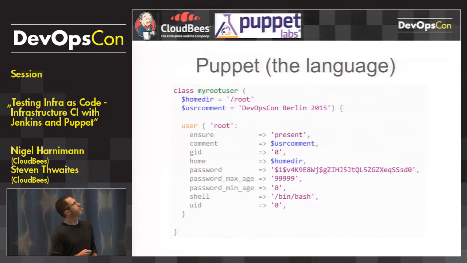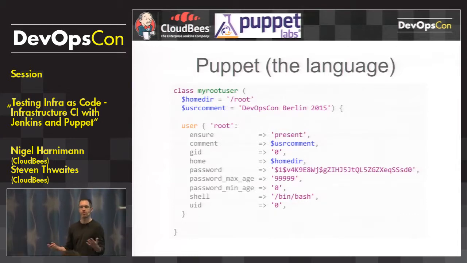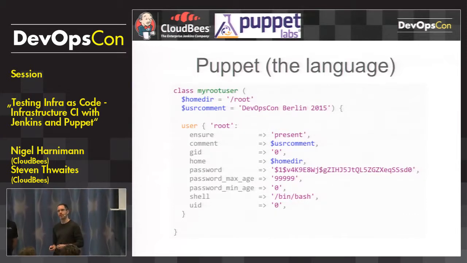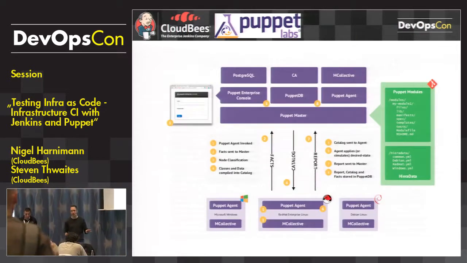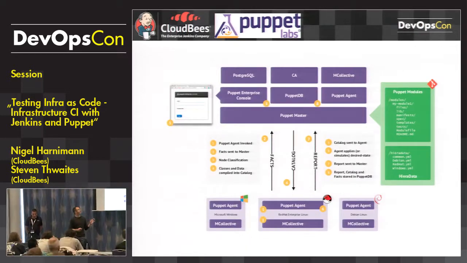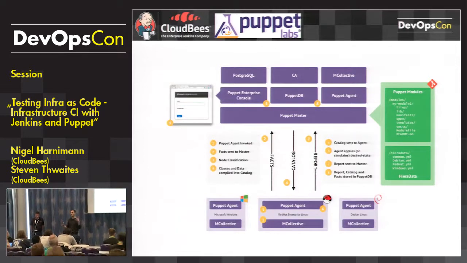But we do have some of the behavior you might be used to in scripting or programming, where we can have variable substitution and things like that. This gives us more flexibility, again, more reusability. You can take the same set of Puppet code and use it in different contexts. So that's the language. The software, I'll make this real quick too, is basically agent server based.